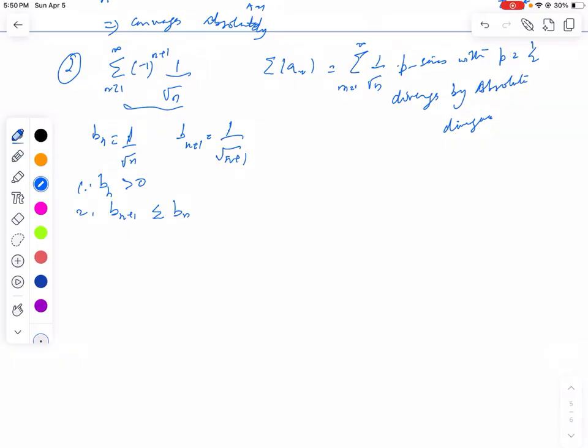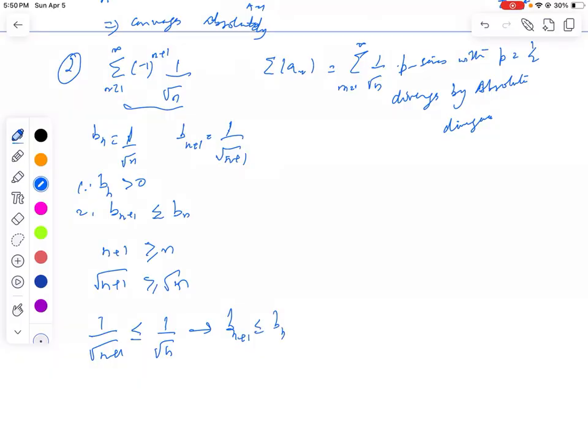Is that true? Well, n plus 1 is bigger than n, and the square root of n plus 1 is bigger than the square root of n, and then 1 over square root of n plus 1 is less than or equal to 1 over square root of n. So this shows that bn plus 1 is less than or equal to bn.